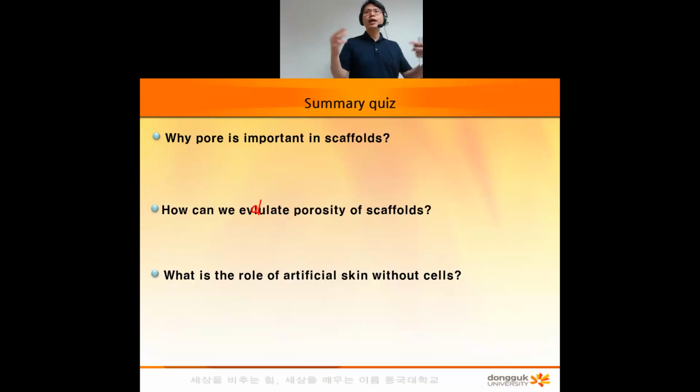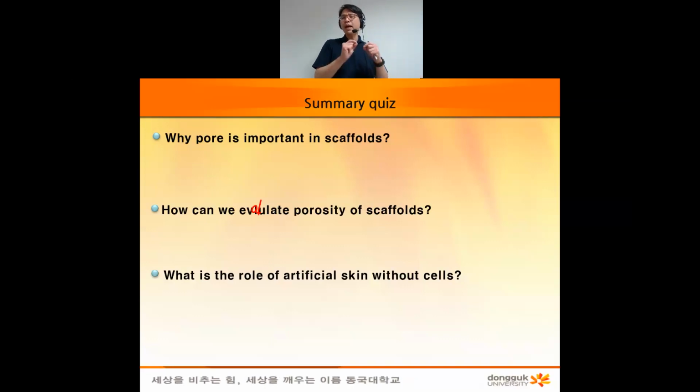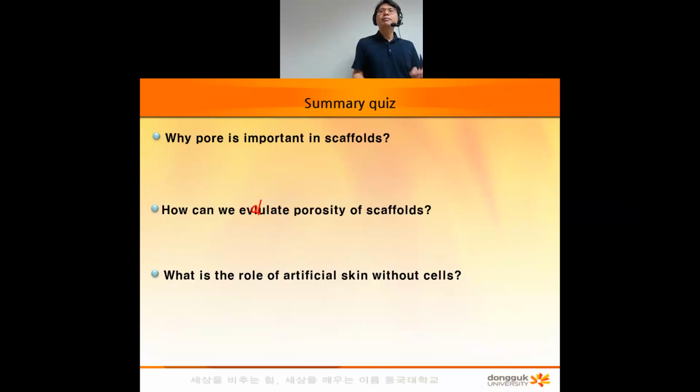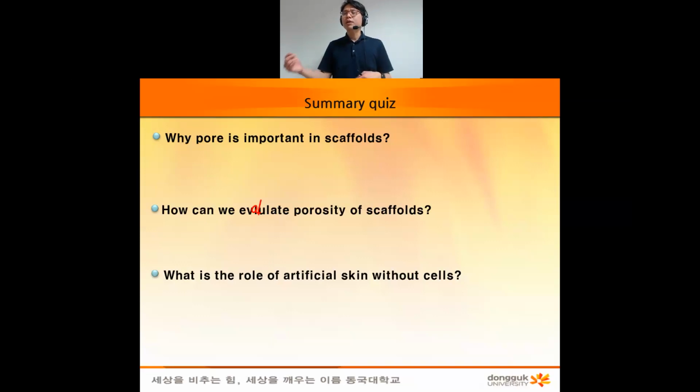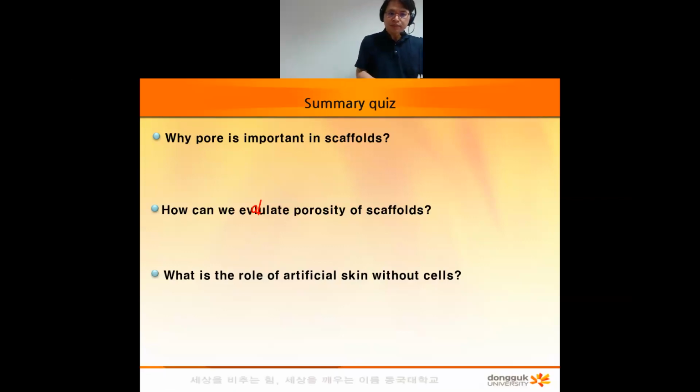There are lots and lots of methods. Theoretical methods can be utilized to calculate starting from the dimension of pillars and the apparent size. But sometimes SEM measurements can be utilized to visualize, or mercury porosimeter or flow porosimeter can be utilized to measure the pore size.